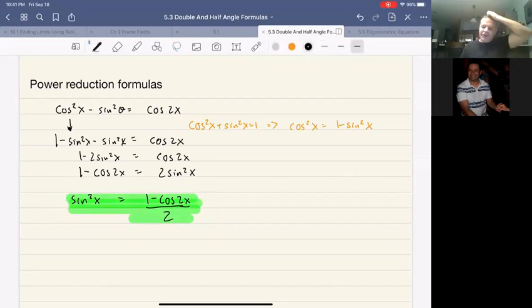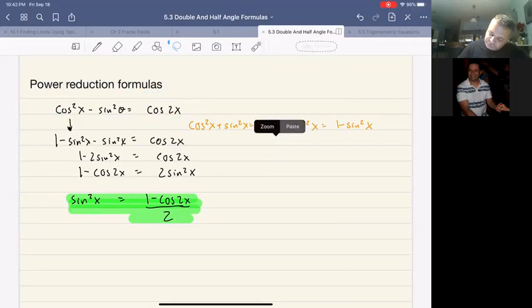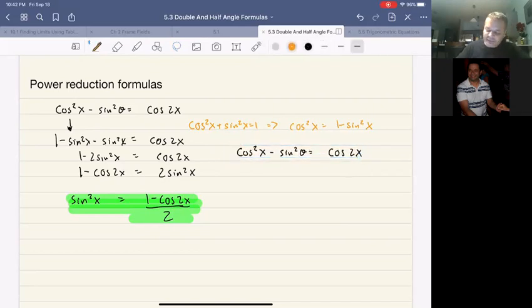Along with that, there's another one. Let's start with the same place again. Here, the only difference is we're going to replace sine squared of x with 1 minus cosine squared of x. When we do that, what do we get?